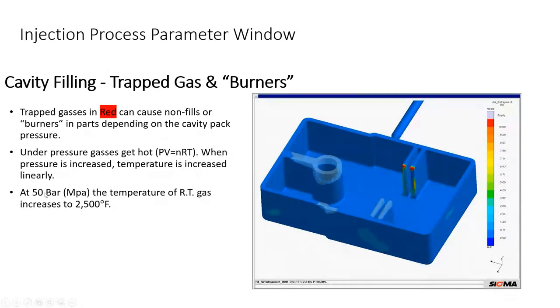If we go from atmospheric pressure to 50 bar, that gas is going to be 2,500 degrees Fahrenheit. So that red indicates a burner. Rubber can't hold that kind of temperature, so it burns the rubber away and causes an unsightly defect, which is usually quite obvious.